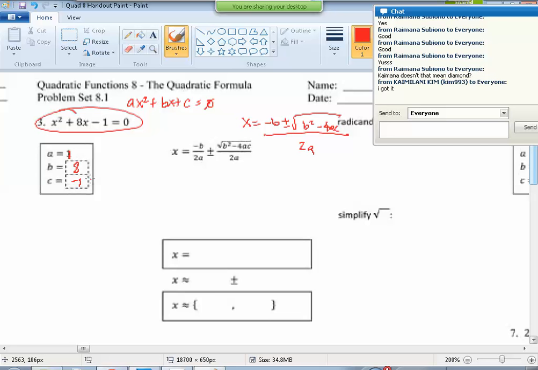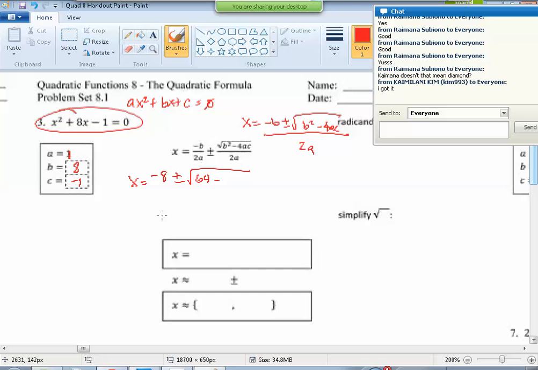All right, fine. Let's plug in our numbers. x equals negative 8 plus or minus the square root of 64 minus... Yeah, 64. Well, 8 squared. 8 squared is 64, right? 4 times 1 times negative 1.